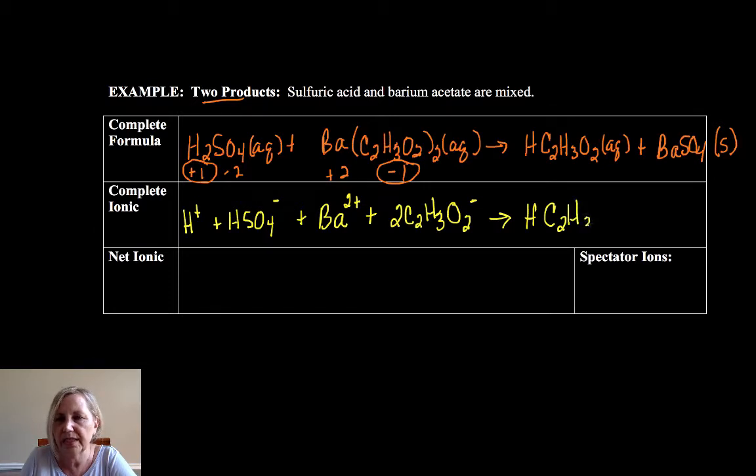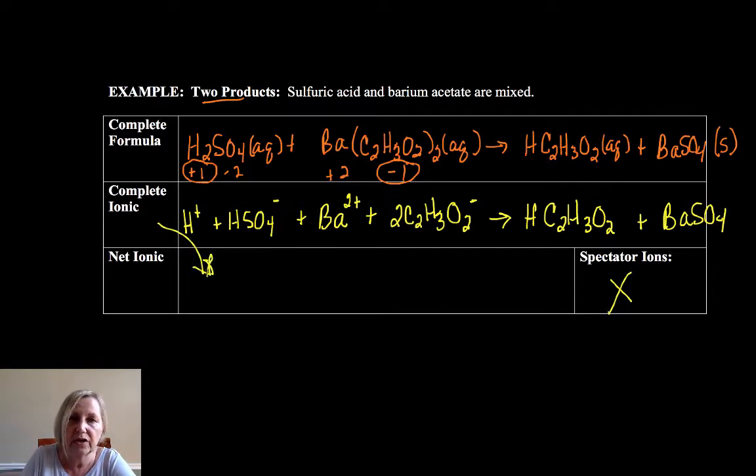Those don't dissociate to any great extent. And we've got to keep our solid together. There are no spectator ions, and our complete ionic is also our net ionic in this case. So that is probably the most complicated type of thing you're going to see in your double replacement reactions.